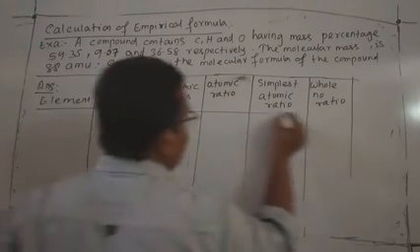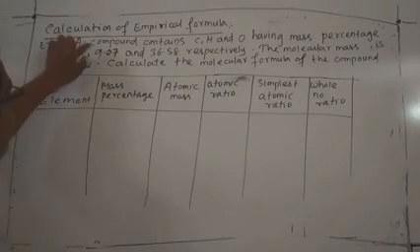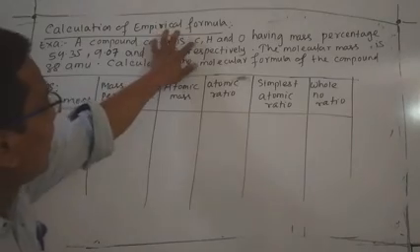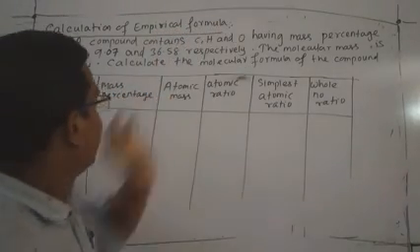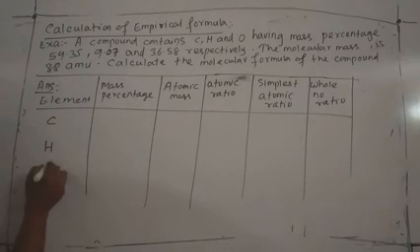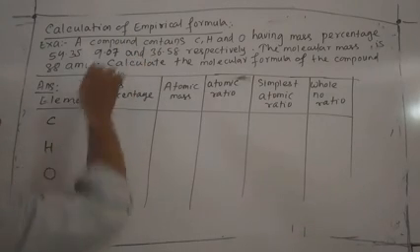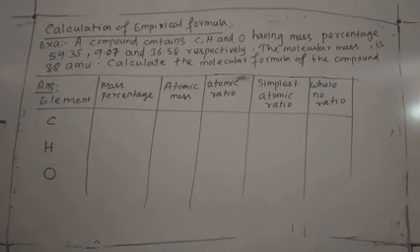What are the elements present in the compound? In the problem, the elements are carbon, hydrogen and oxygen. So in the first column you write carbon, then hydrogen, then oxygen. These three elements are present in the given compound.